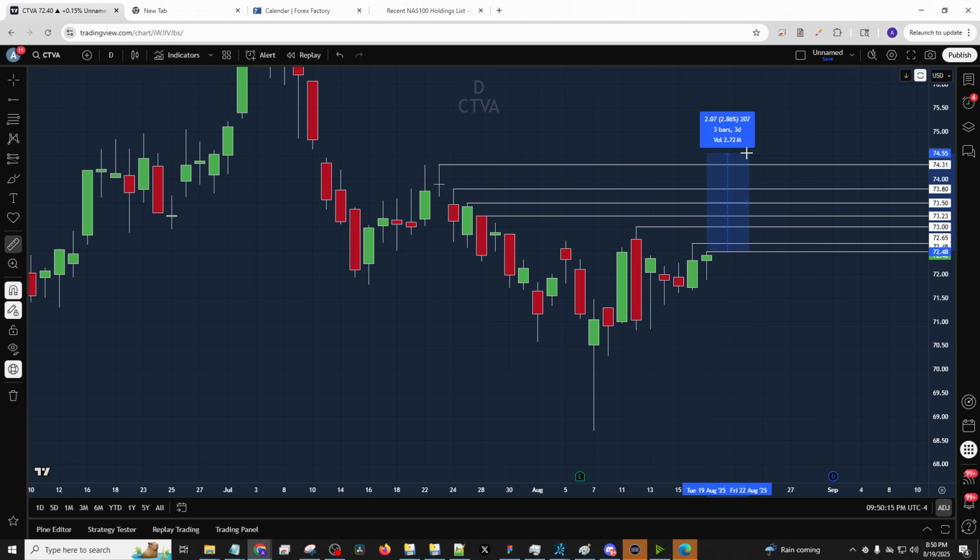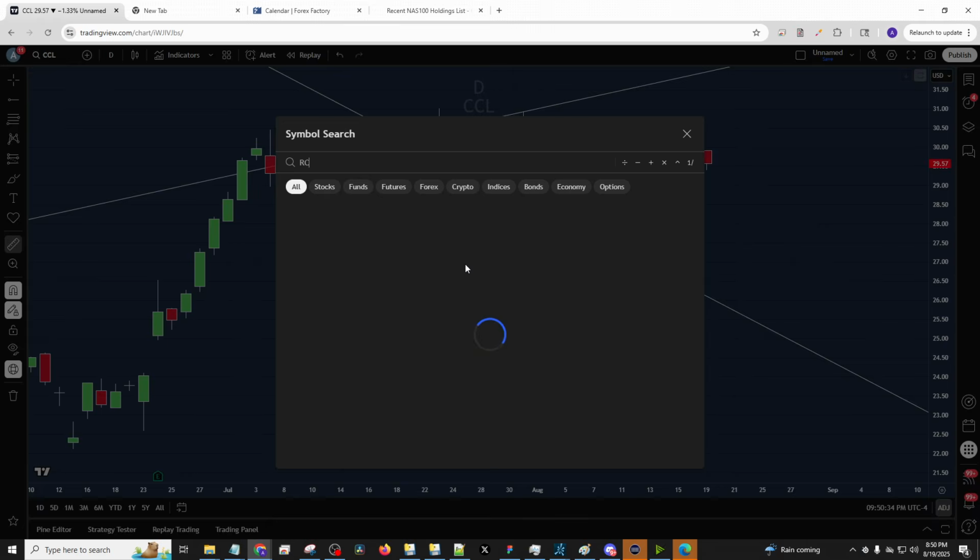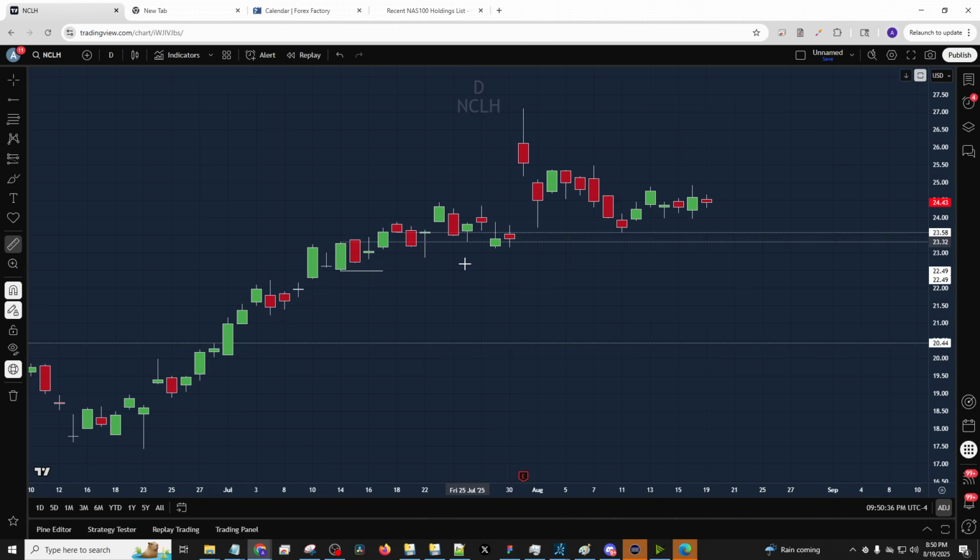It's not the biggest mover in the world, but imagine if those options are cheap. All right, that covers it for inside days that have high ATRs. You got some cruise lines, CCL and CLH inside.